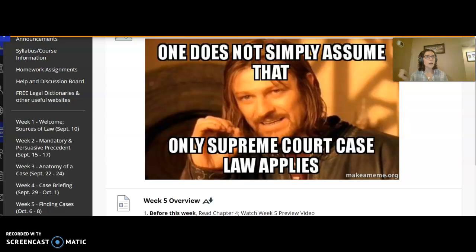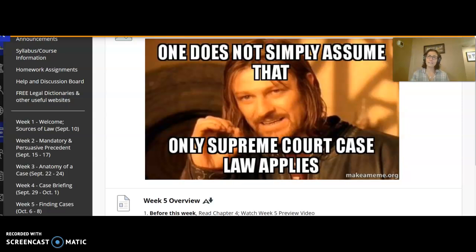Some of you probably remember something called the Dewey Decimal System, which is how libraries organize books by topic. So the law library developed something similar. We don't call it the Dewey Decimal System, but there was a way that law librarians had to organize law libraries to find the material.